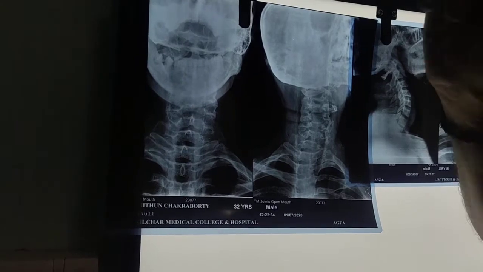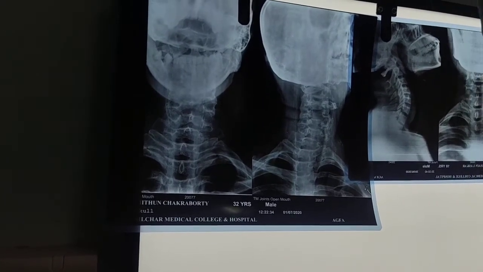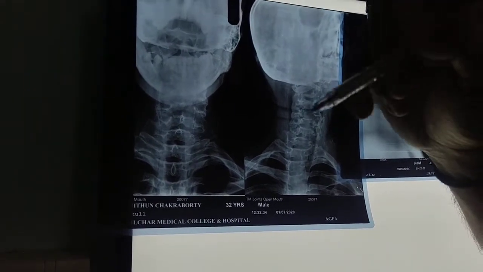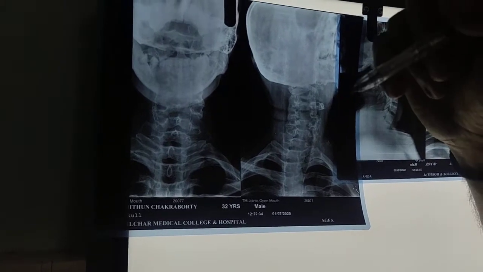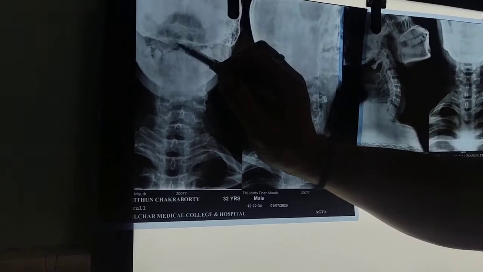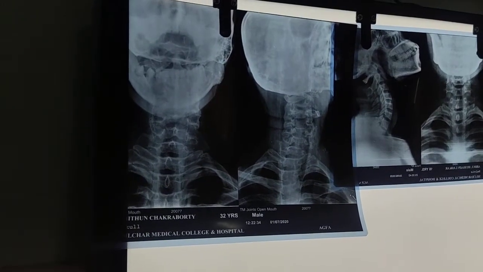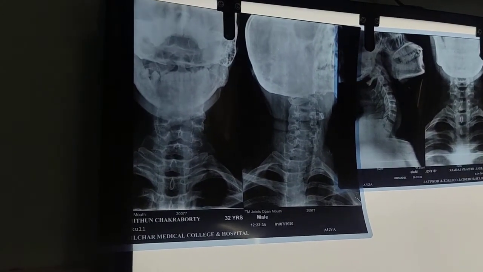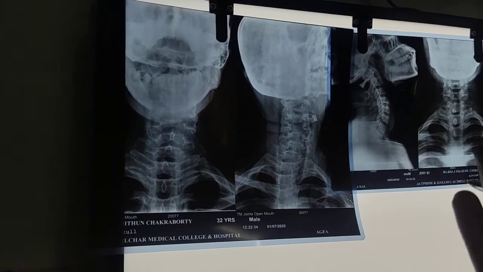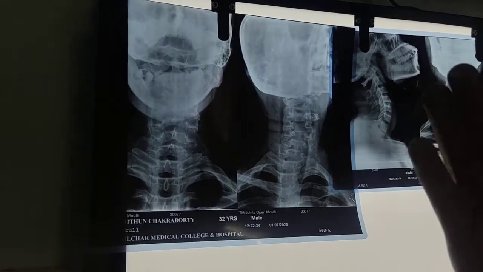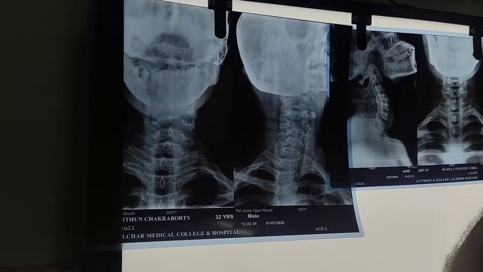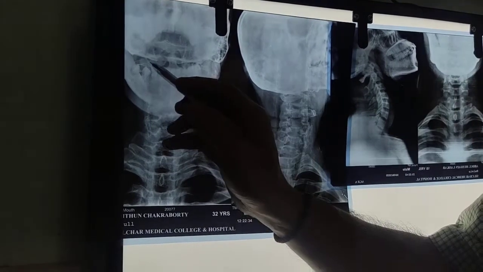Many times this Jefferson fracture does not need surgery. But in a case where there is displacement of the fragment going away, it indicates there is more displacement. Whether the Jefferson fracture is displaced or is maintaining a relationship, we understand from the lateral border here.